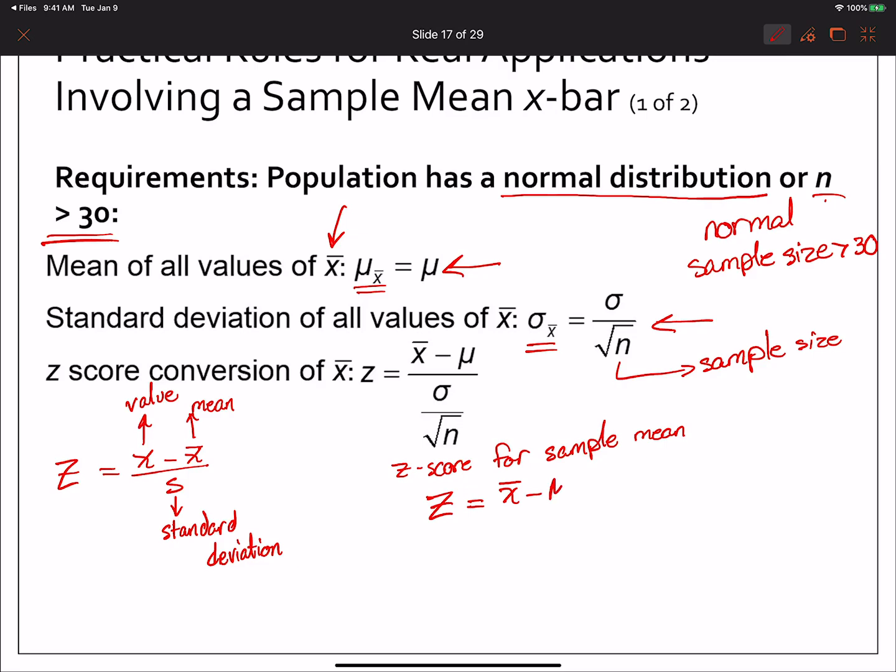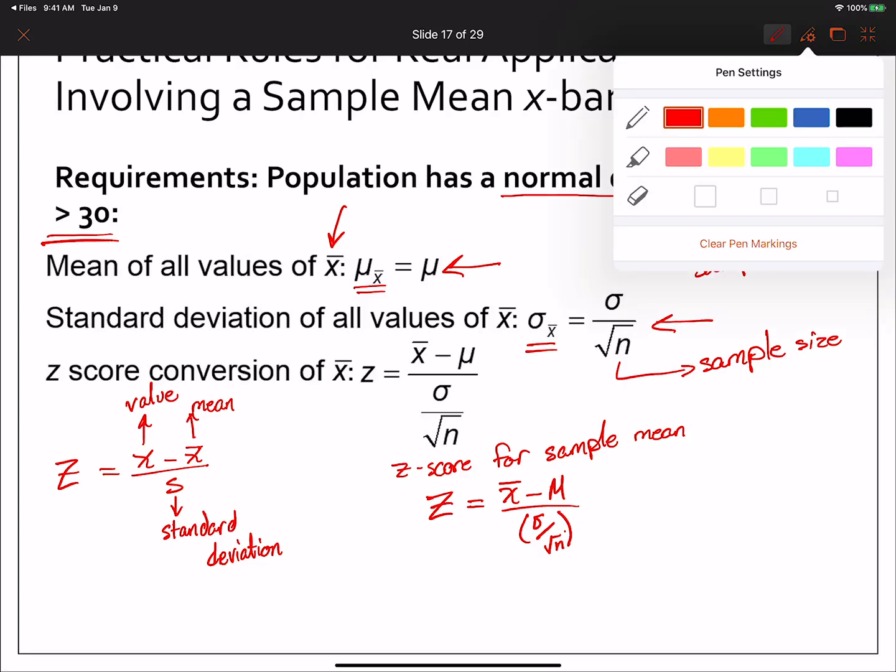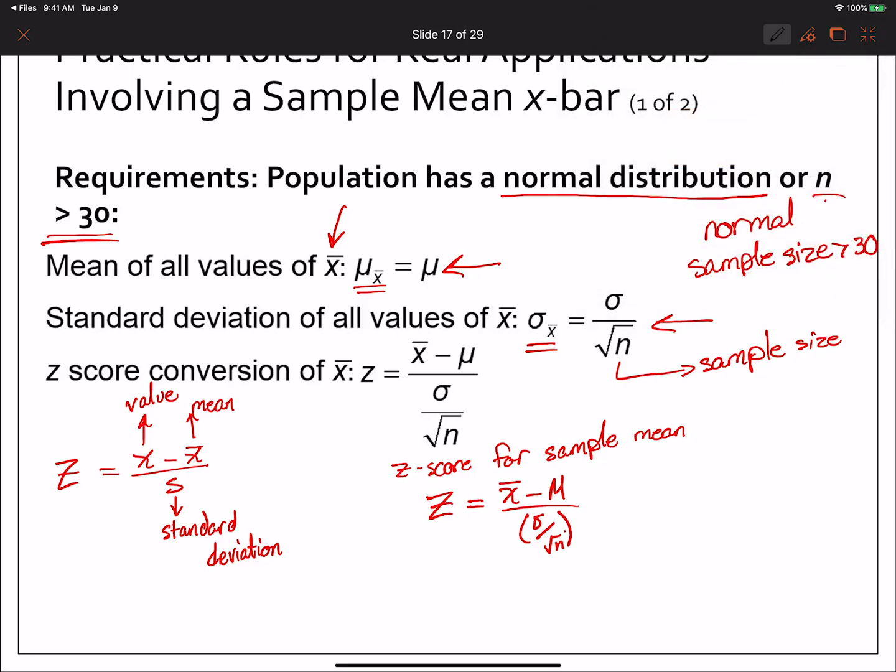Let me write it all out and then I'll draw some arrows and tell you what each one is. Sigma over square root of n. Instead of doing that, what we're doing here, this is a mean. We're trying to find the z-score of a mean.